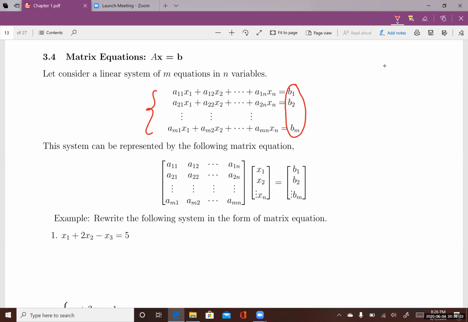We can use a matrix to represent all coefficients of all the variables in all the equations, which is called the coefficient matrix. So this is the coefficient matrix from this linear system.